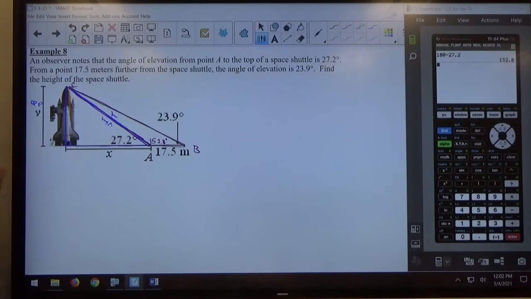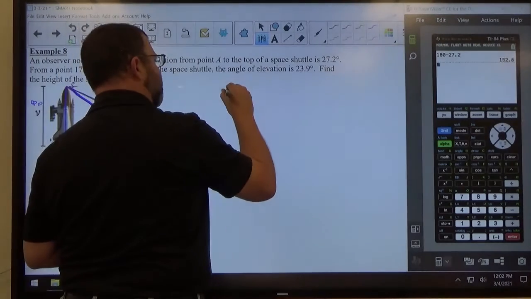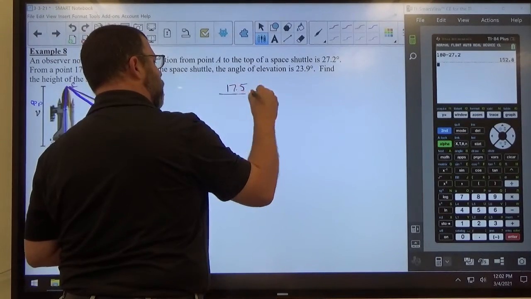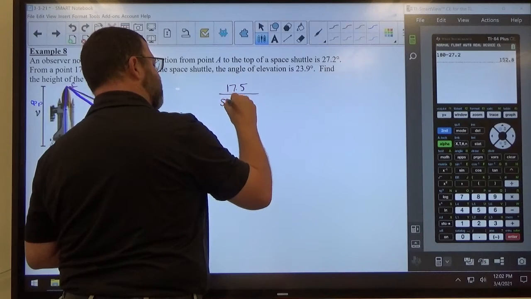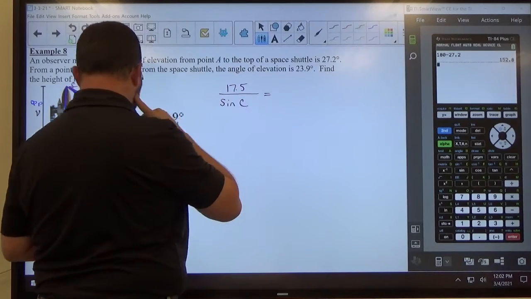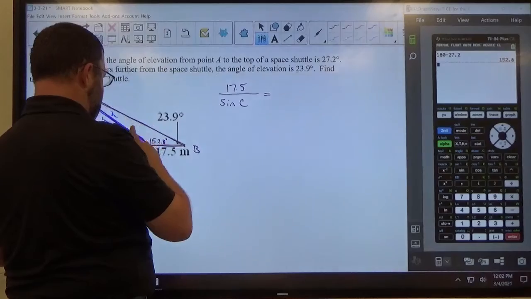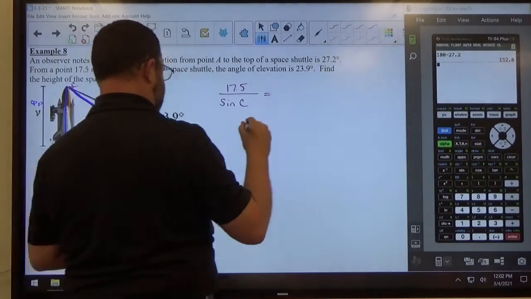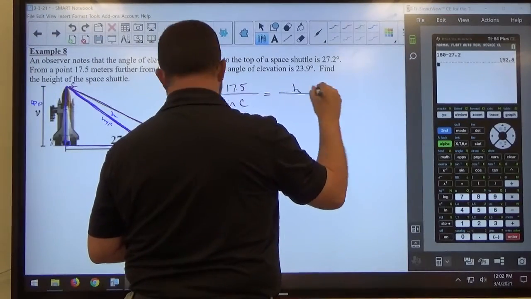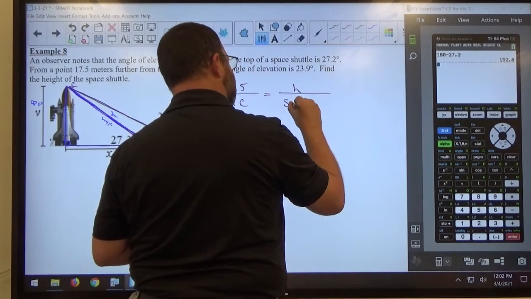All right, so if I'm applying the law of sines here, I know that 17.5 over the sine of C is equal to H over the sine of 23.9.